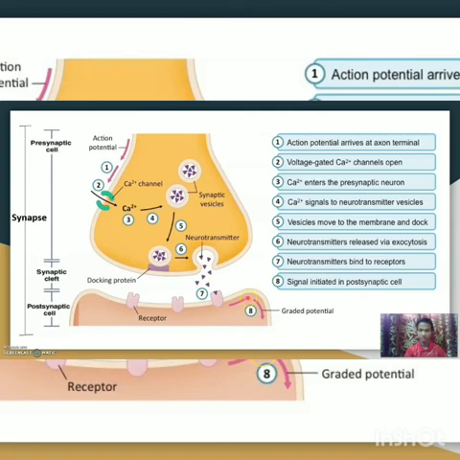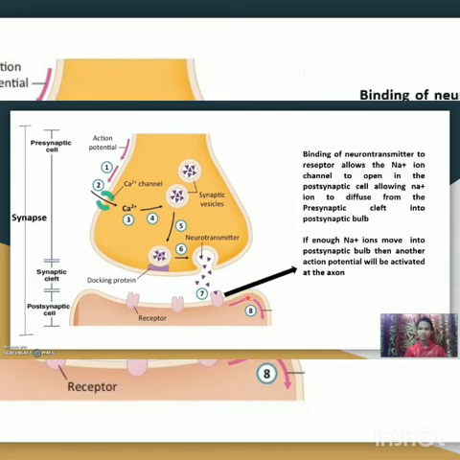The binding of the neurotransmitter to the receptor allows the sodium ion channel to open in the postsynaptic cell, allowing sodium ions to diffuse from the synaptic cleft into the postsynaptic cell. If enough sodium ions move in, then another action potential will be activated at the axon.